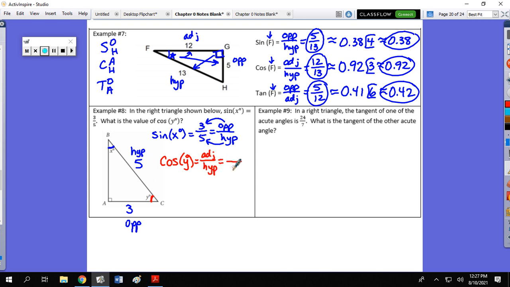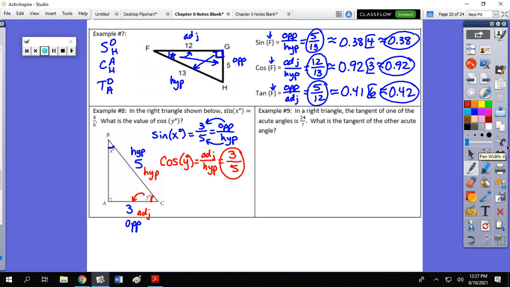Now the hypotenuse has not changed. That is still 5. But for angle Y, the 3 is no longer the opposite side. That is the adjacent side, which means the cosine of angle Y is also 3/5. That's a very common SAT motif because they want to see how well you understand the naming process.